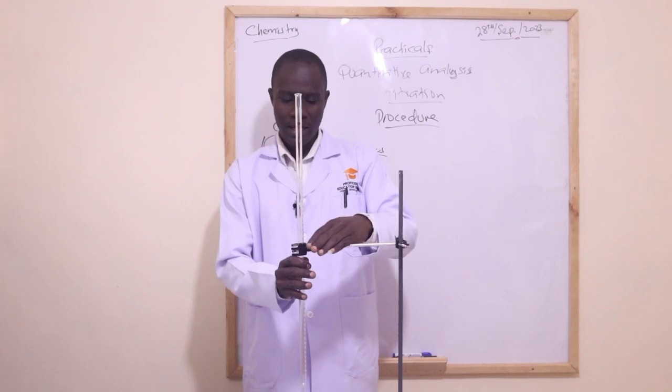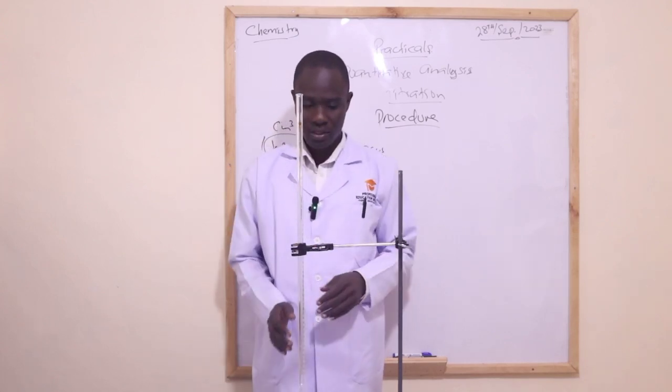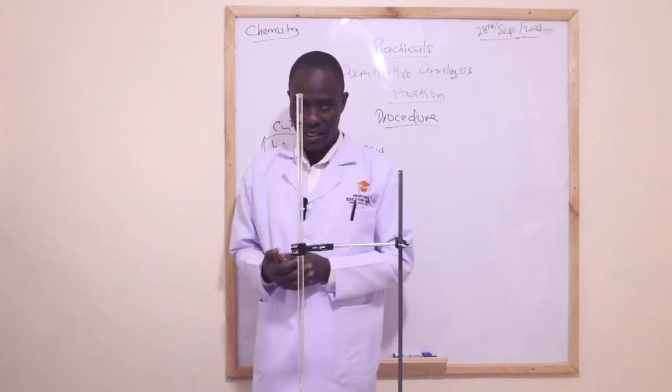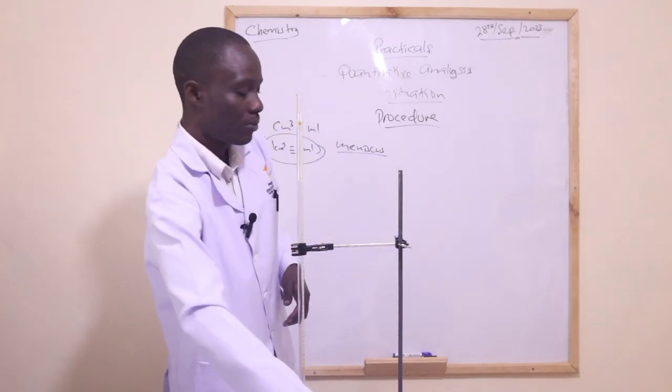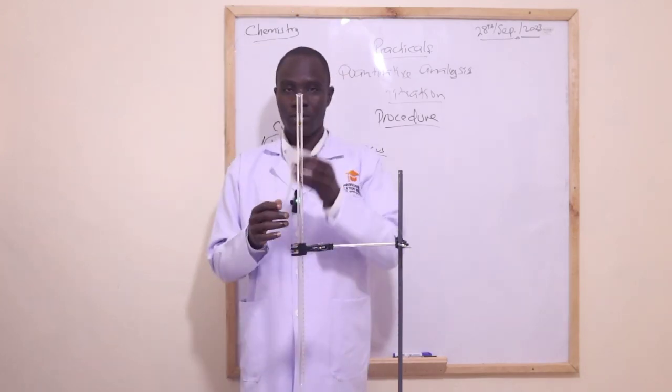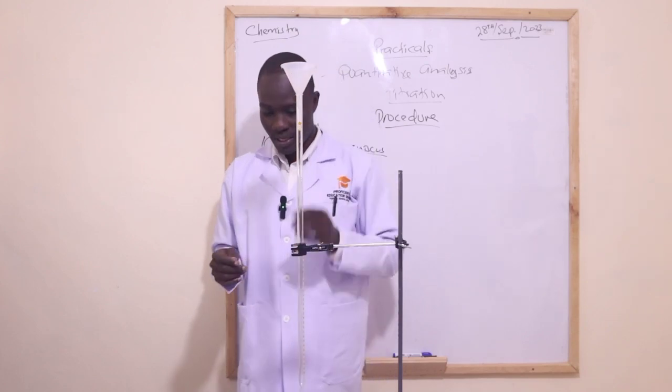So how do we fill the burette using a titrant? We need to use an extra apparatus, that is a small conical flask like this. So you need to put it, as you can see.